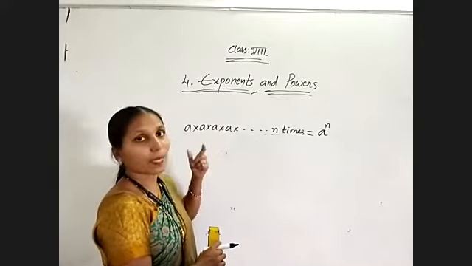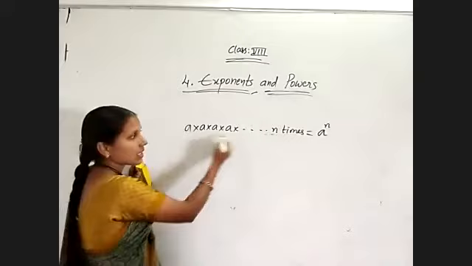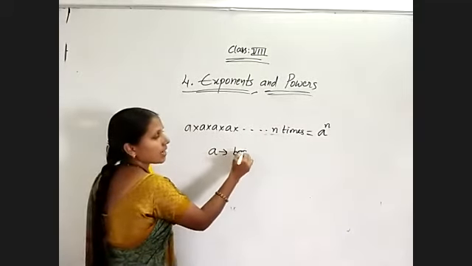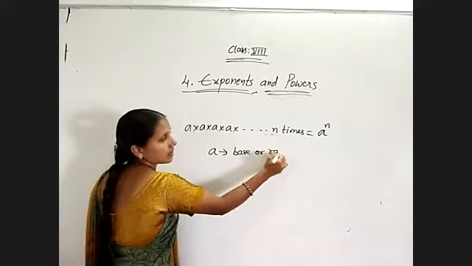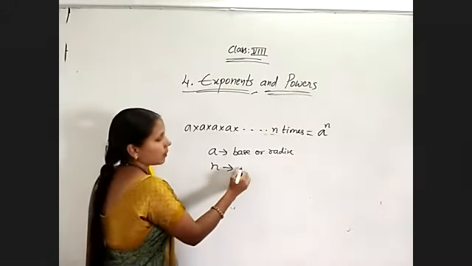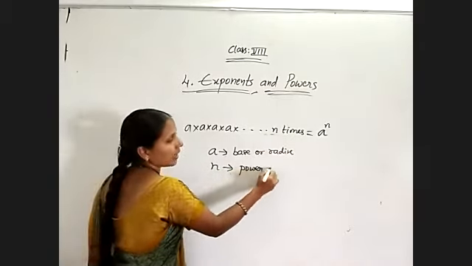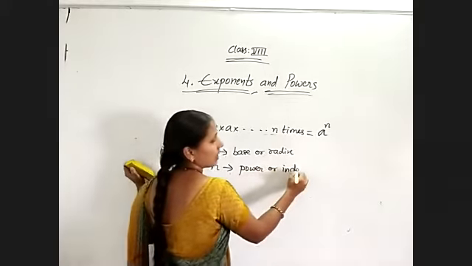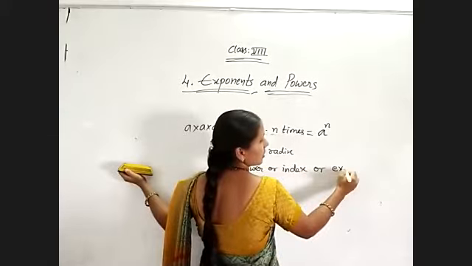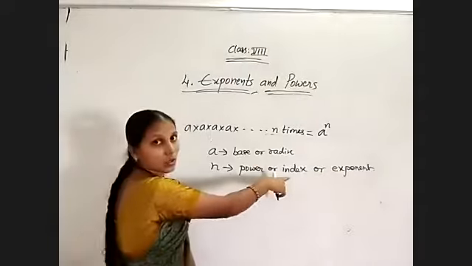product form. Next, in this exponential form, what is needed? That is the base or radix. And what is n? Power, index, and exponent. That's why we call it exponential form and index form also.